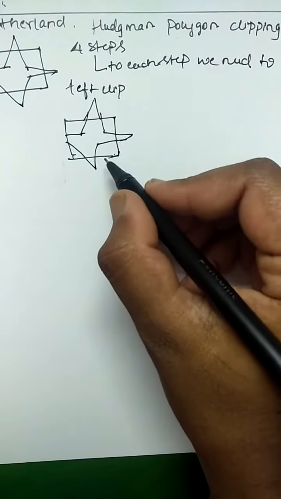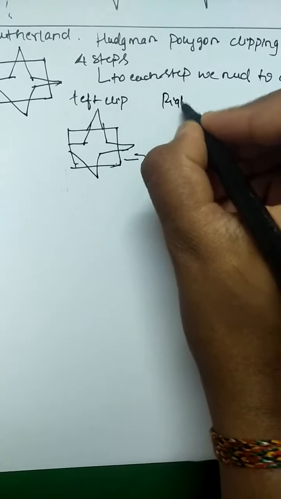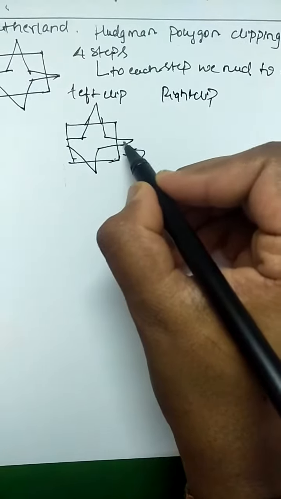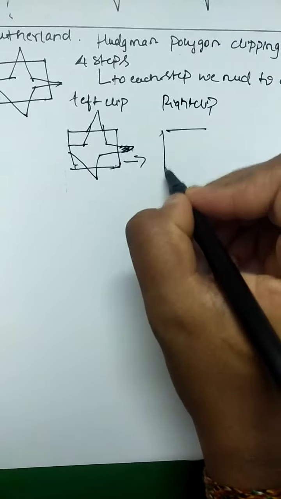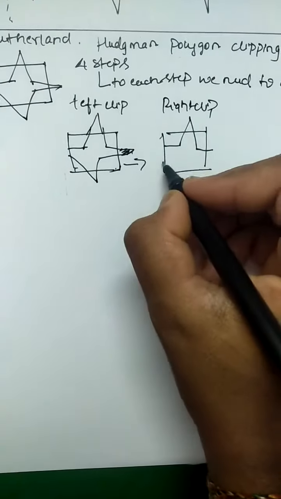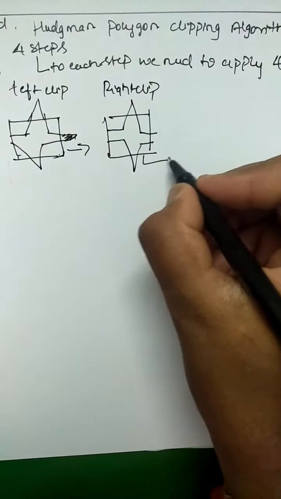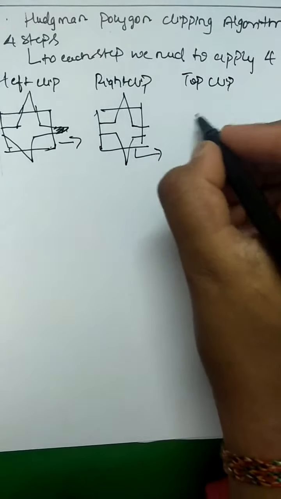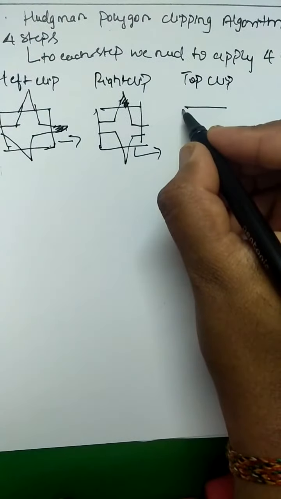When this has been passed as an input to the right clip, the right side portion of this will be clipped. The output looks like this, and this has to be given as an input to the top clip, in which the top portion of this polygon will be clipped.